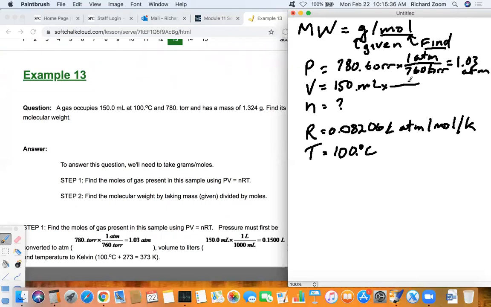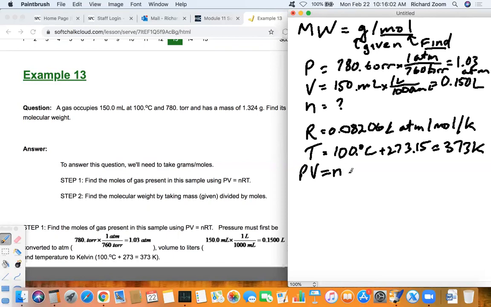We need this in liters, so it'd be 1 liter over 1,000 mils. And we need the temperature in Kelvin, and that would give us 373 K. So now you can see we can find N because PV equals nRT.